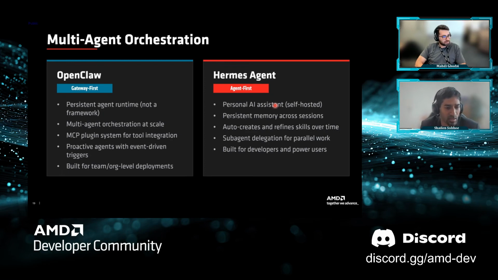And what is quite nice with it is its auto-improving skills. For instance, when it makes mistakes, by default, this is a feature built into Hermes Agent. It improves itself, learns over time, and gets better by itself. So these are the two very powerful tools out there. So now let's look at some use cases.